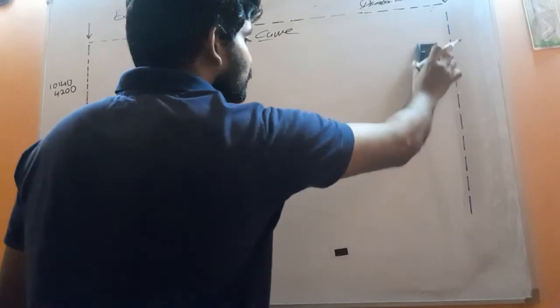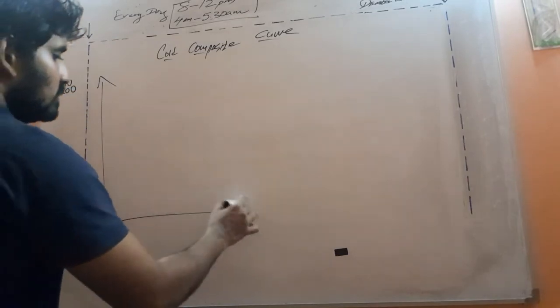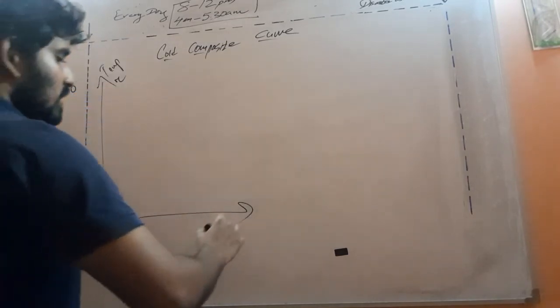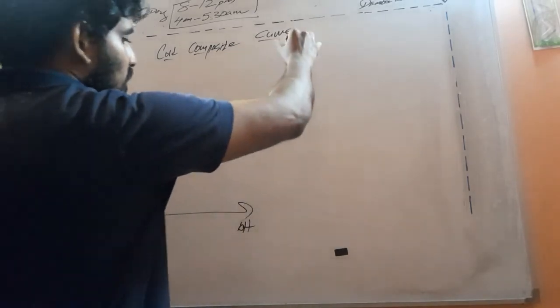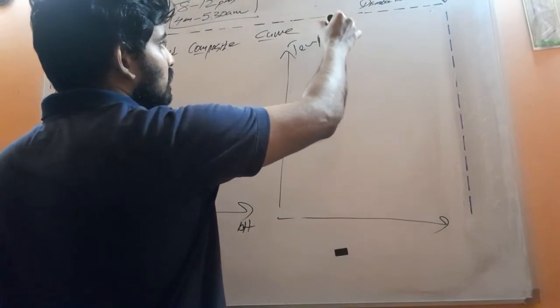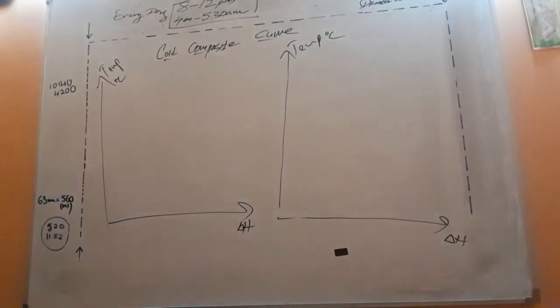You already have an idea, so you can very easily do this, no problem. Now you need to sketch two axes, temperature in degrees Celsius and delta H. There are two temperature profiles.